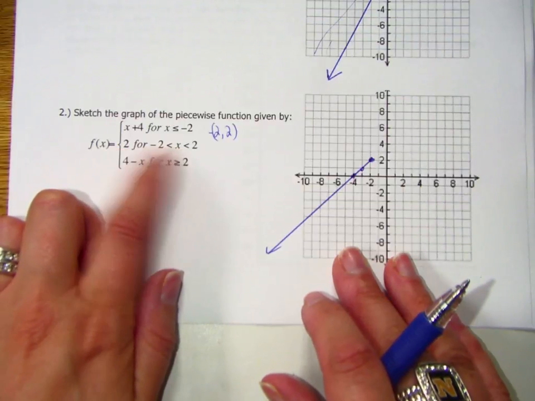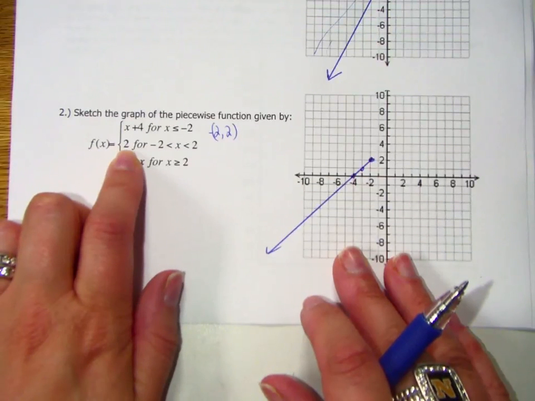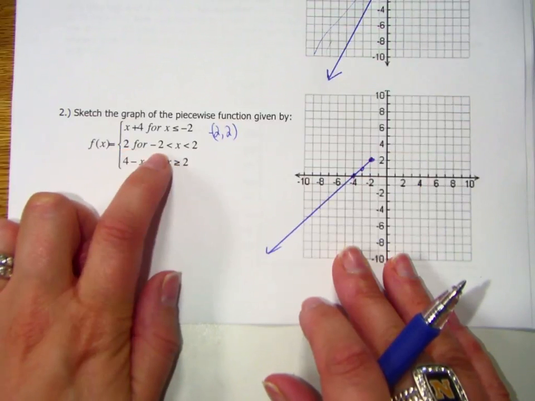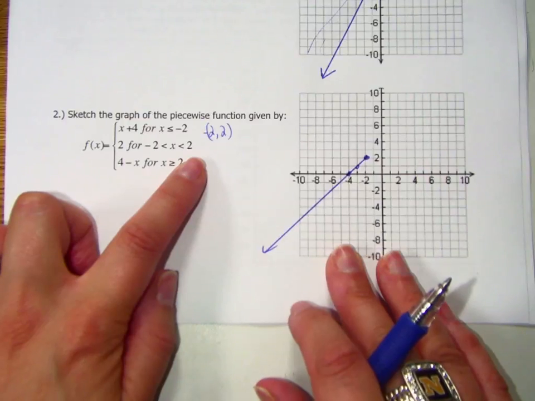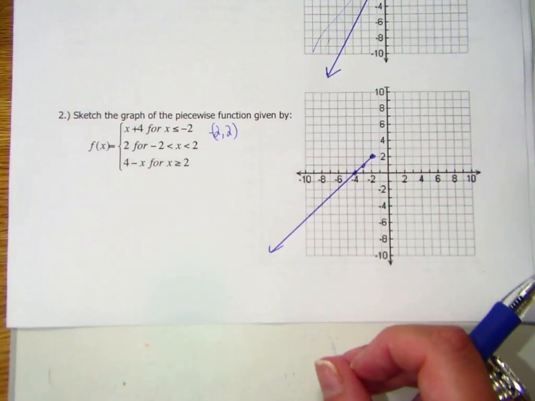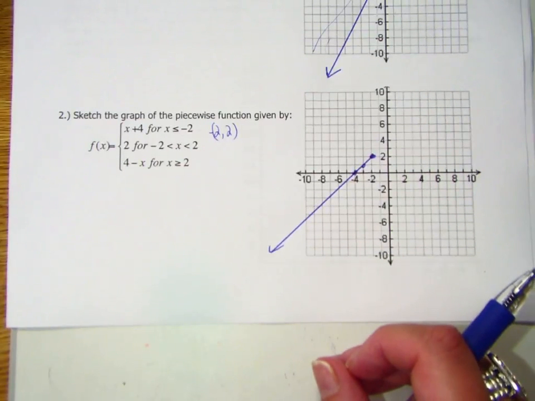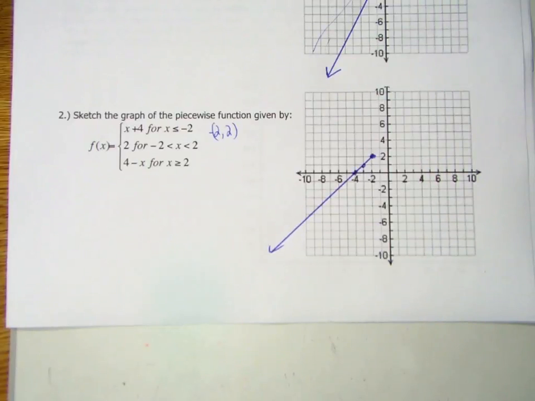The second part of my function, again, is a horizontal line. This time it's between x values of -2 and 2. So if we go back to what Connor said, this is a situation where they do connect.